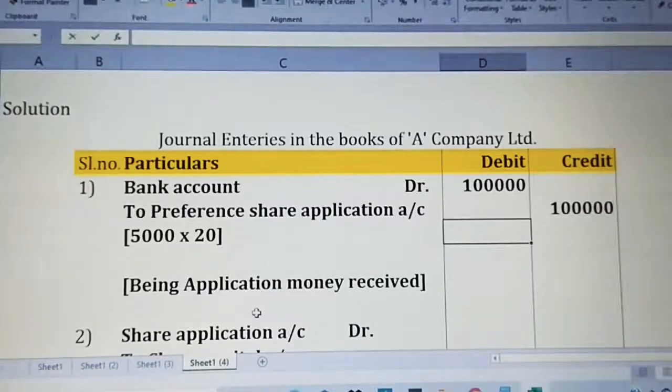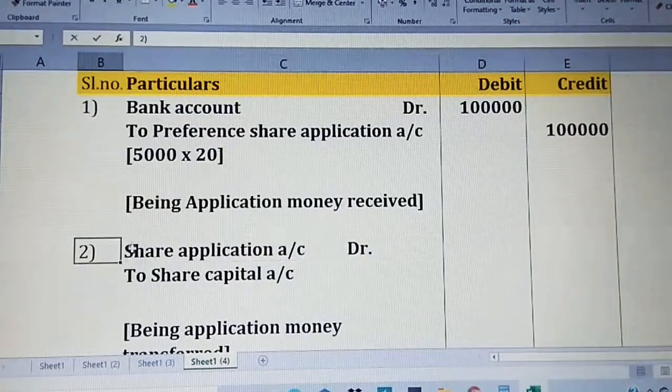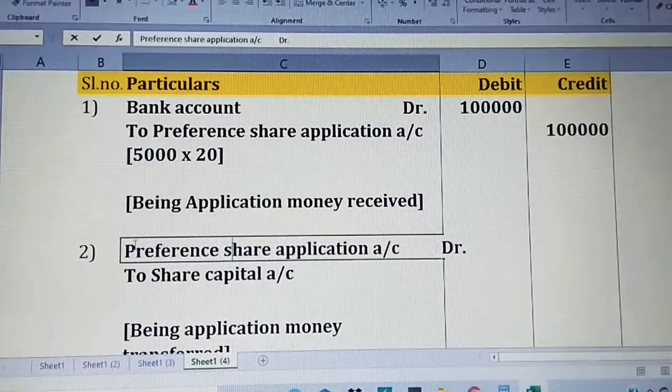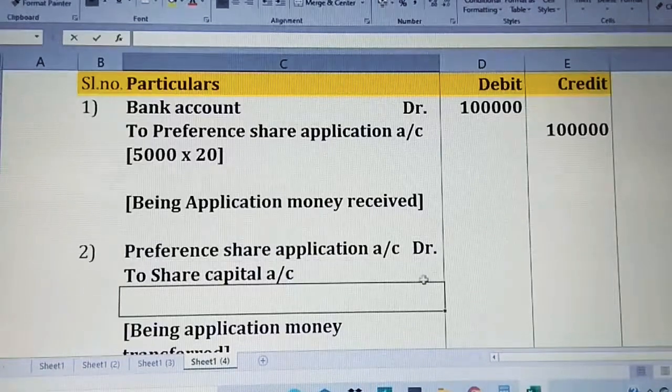The narration is already done, being application. Second entry, that is the transfer entry. It's going to be the same. Preference share application account is going to be debited to preference share capital account.